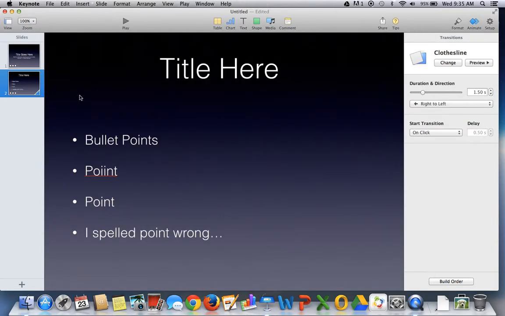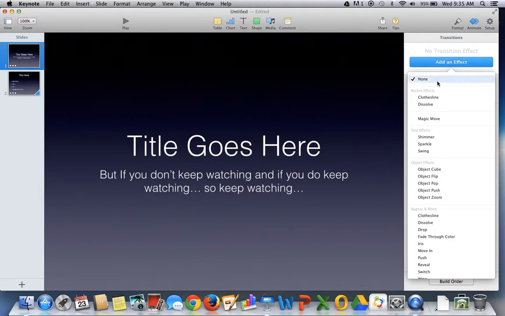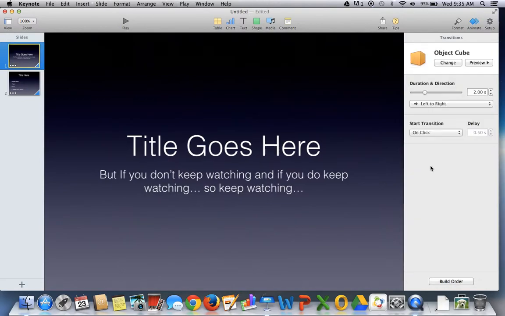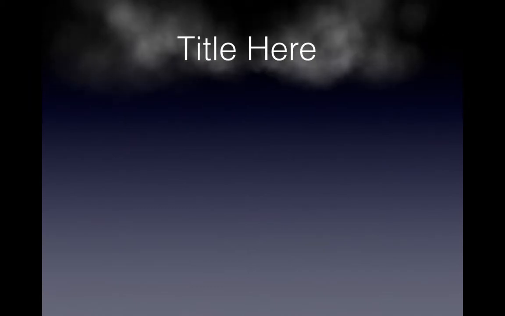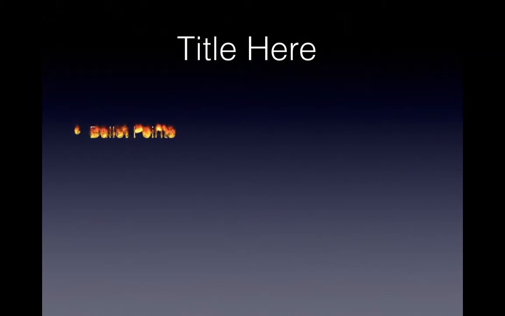Oh yeah, that was pretty cool. And you can add one to this one too. Object cube. All right, so now I'll play the whole thing. This looks way cooler than what it was before, doesn't it?